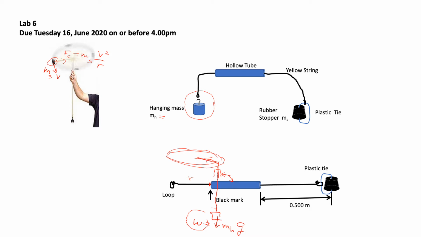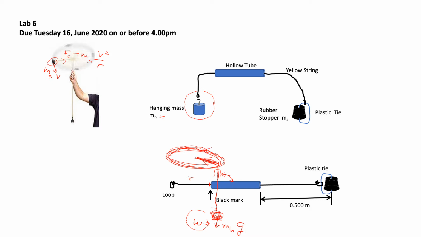The idea is to keep the radius fixed and keep spinning the rubber stopper while we change the hanging mass. Every time we change the hanging mass, we have to increase the speed of the orbit, but keep the radius constant.